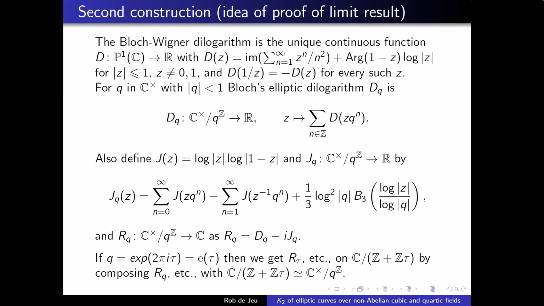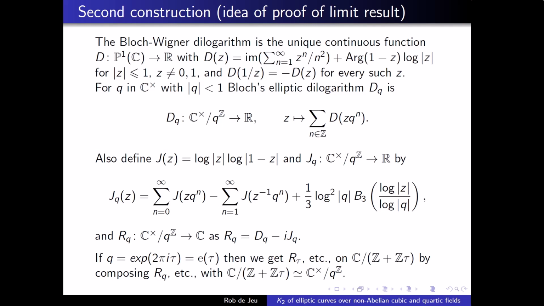The dilogarithm has been introduced already several times, so let me not do it. But if I view my elliptic curve, or at least its complex valued points, as C star modulo powers of q, he simply took the dilogarithm and he q-averaged it. Because of the behavior of the dilogarithm around 0 and infinity, it's heavily convergent.